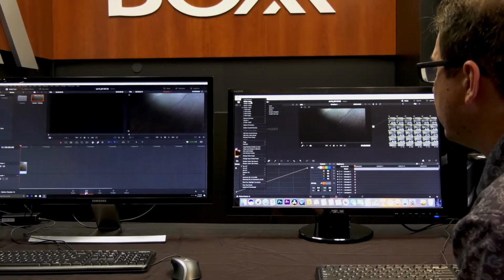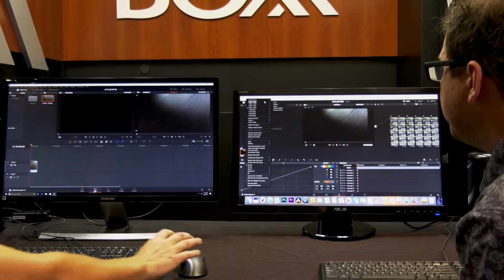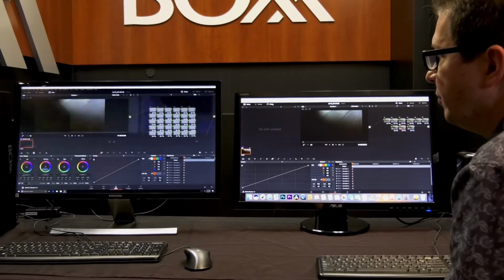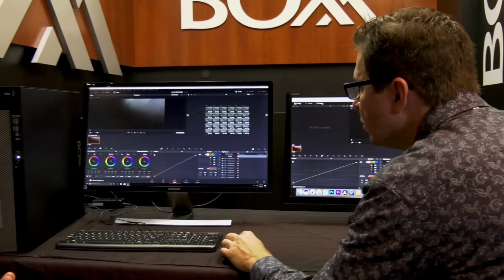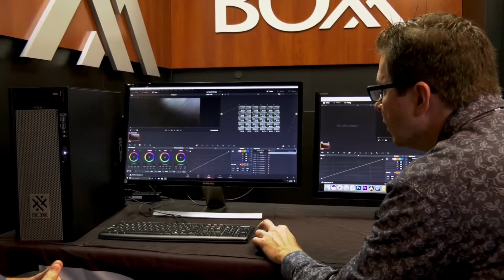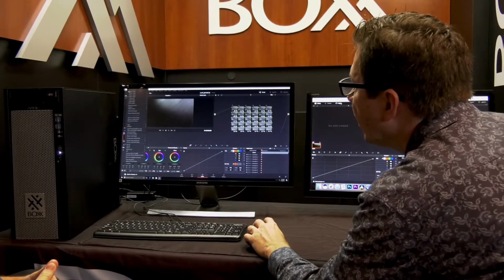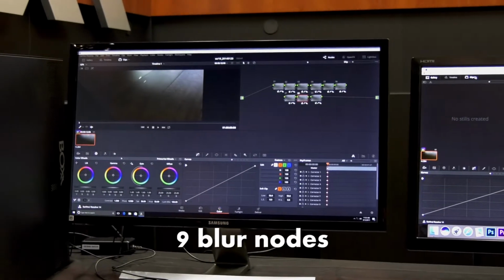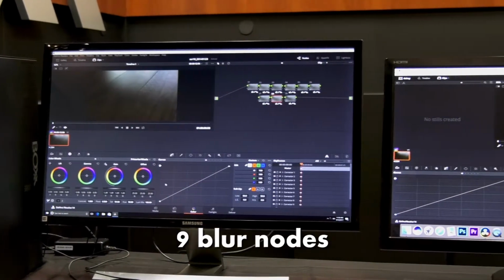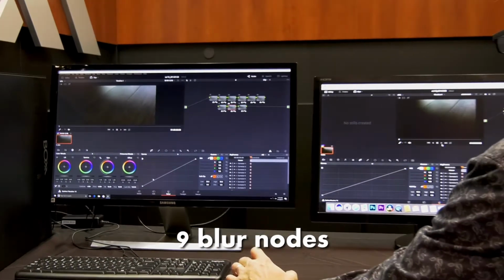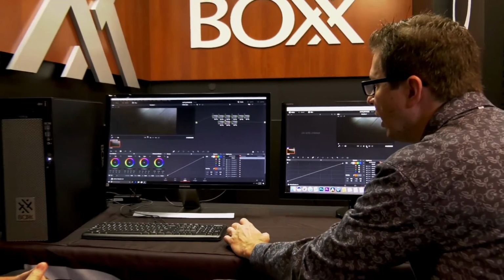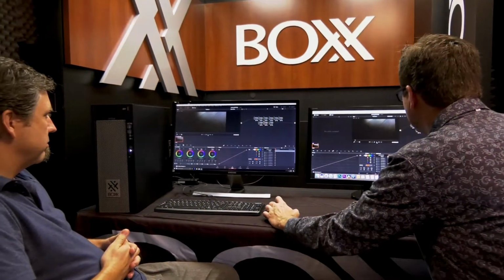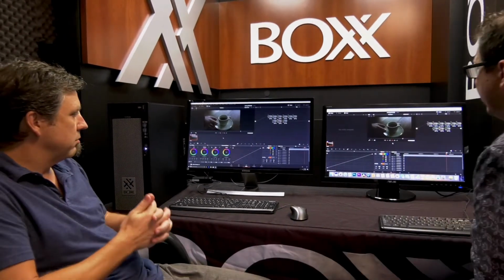For this, you start with the 9 blur nodes. Let me load up that clip, and load up my 9 blur nodes. There we go. So we're going to watch and see how these systems behave when you play back that level of blur nodes.